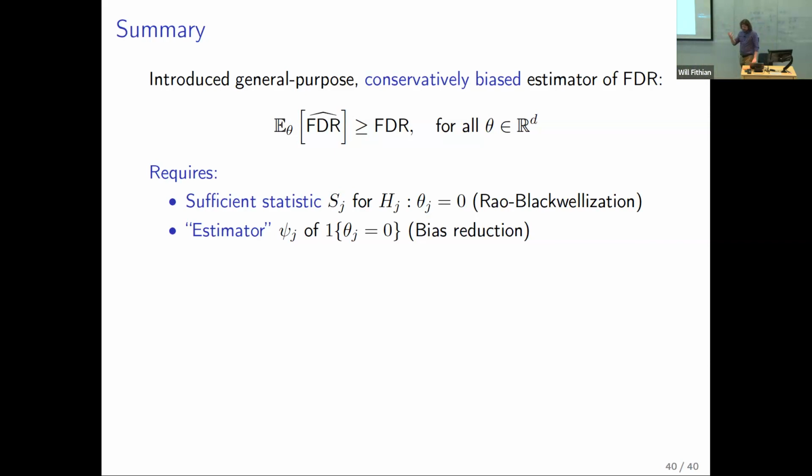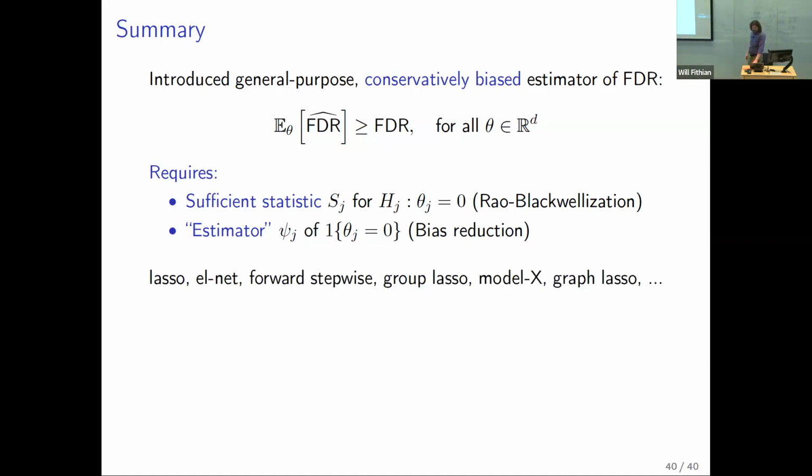So we're just reusing the statistical structure that we were already relying on to do a single test. And we have some estimator, quote unquote, of the indicator. So we can do this for lasso, elastic net, forward stepwise regression, and a variety of other models.